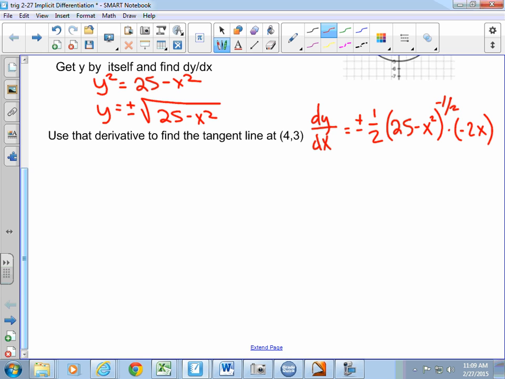Any questions so far? Oh, just a little bit of simplification. The 2's cancel, so I get plus or minus negative x over the square root of 25 minus x squared.